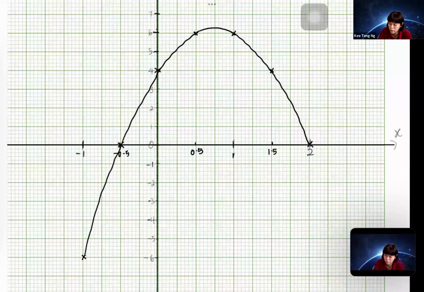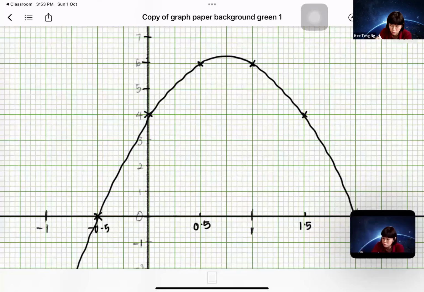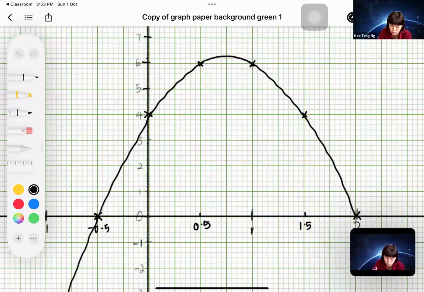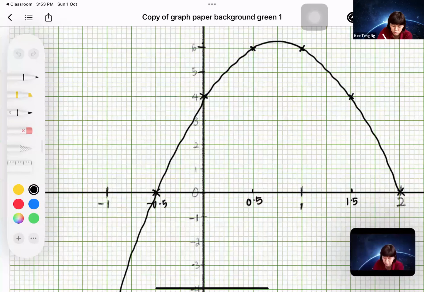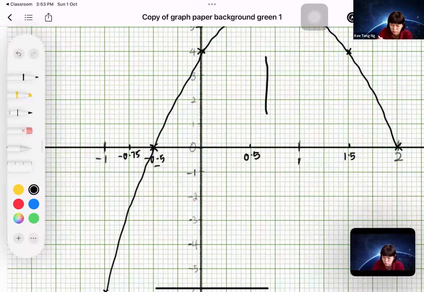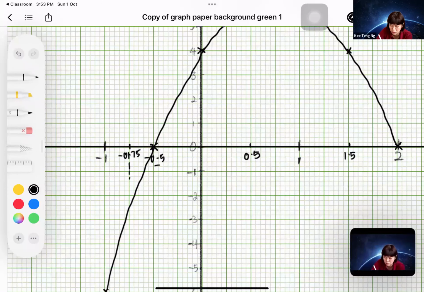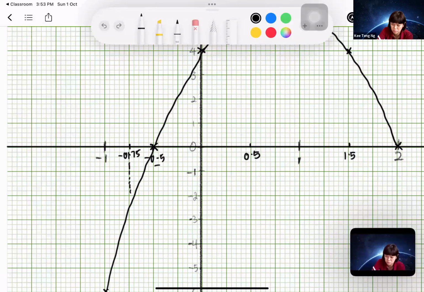When x equals negative 0.75, how do we read the number? x equals negative 0.5 is over here. Negative 0.75 will be here. I need to go all the way to my curve, touch my curve, and then estimate a point and read a value.